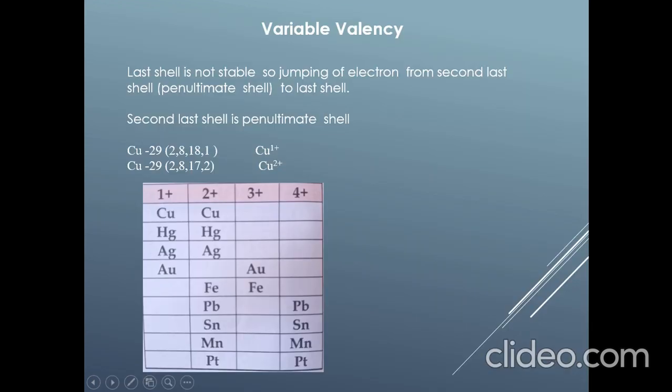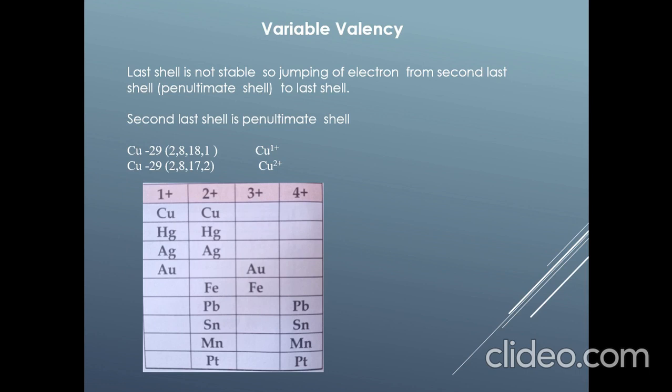Now variable valency. If the last shell of the element is not stable, electrons start jumping from the second last shell to the last shell. Let us consider the example of copper, which has atomic number 29. The electronic configuration is 2, 8, 18 and 1.